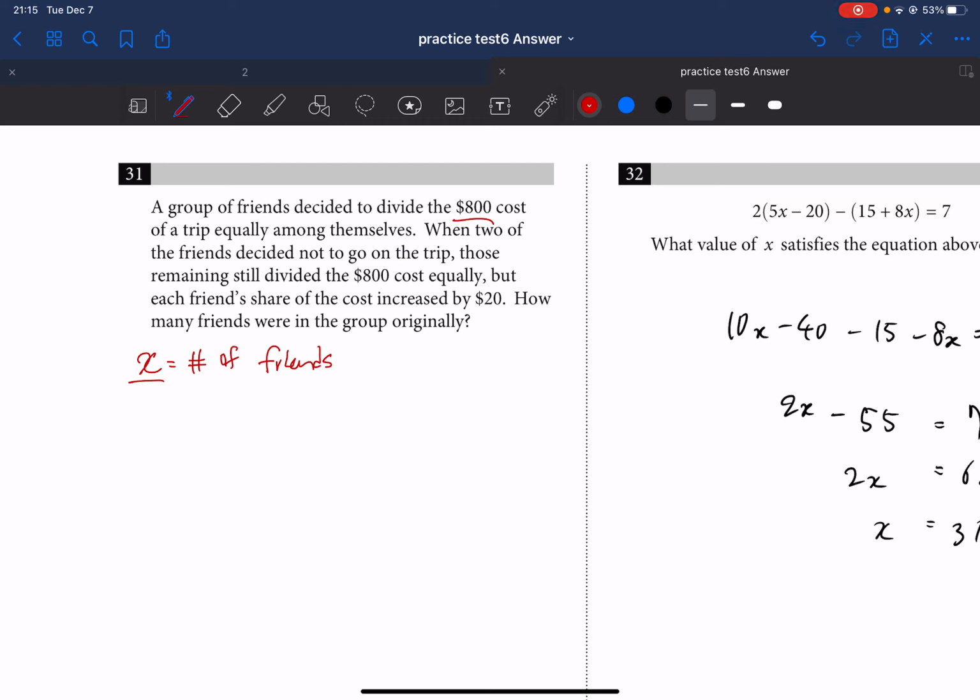Well, I can say we have the 800 cost, right?